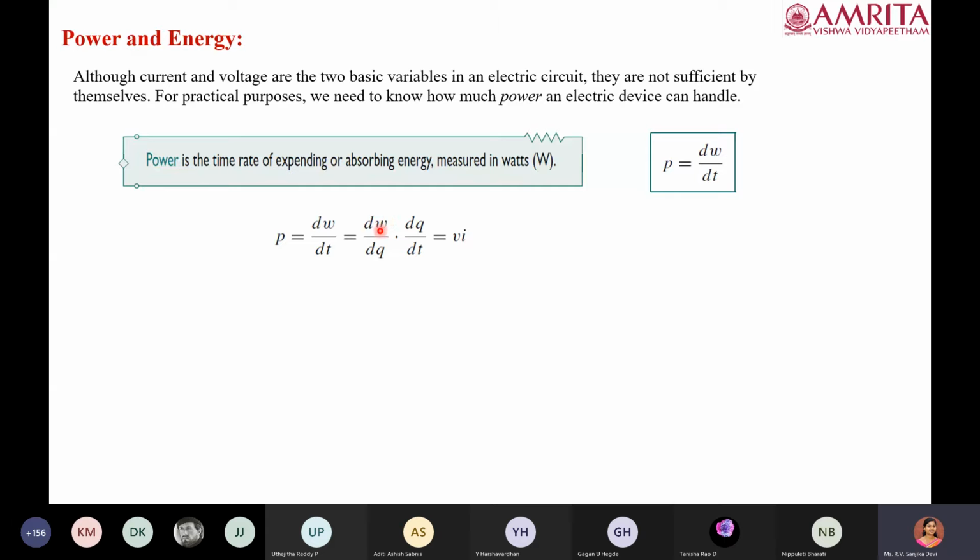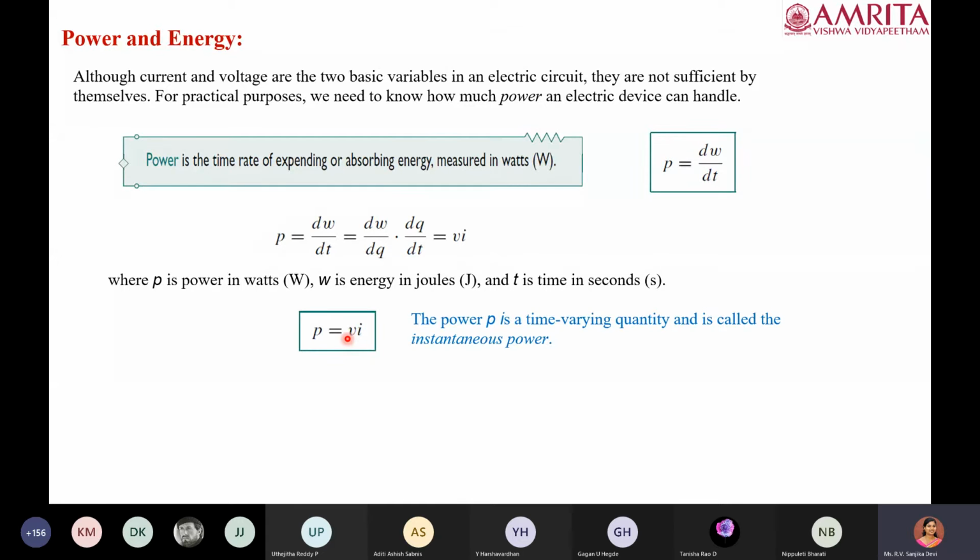We have seen that dW by dq is nothing but the voltage, and the rate of change of charge is nothing but current. So it means that power can be obtained by the product of the voltage and the current. And power is basically measured in watts.